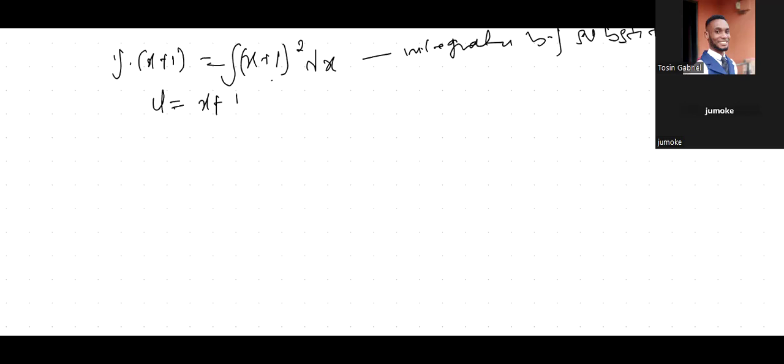Therefore, du/dx will be equal to the derivative of u, which is x plus 1. If you differentiate u, it is going to give you 1, because differentiation of x is 1 and differentiation of 1 is 0. So you are differentiating x plus 1 to give you 1. Therefore you make dx the subject of the formula, then dx will now be equal to du.